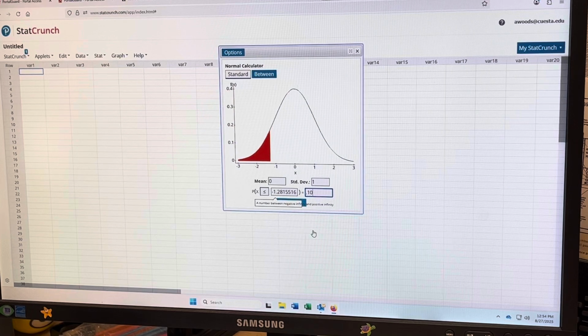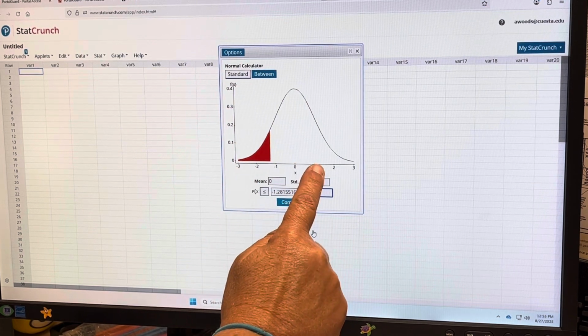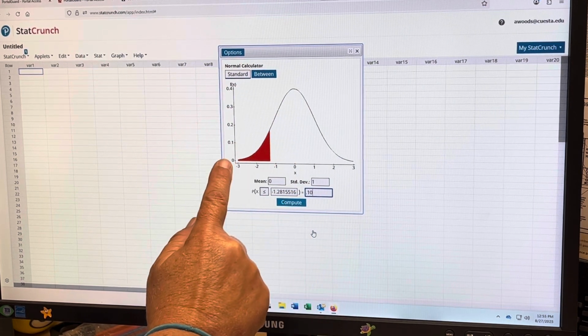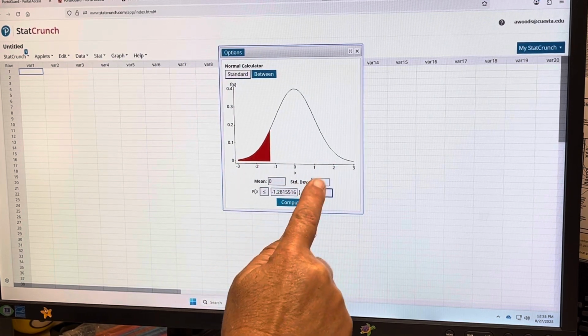Now the next one says to find z if a left tail is 75% of the graph. So a left tail being 75% of the graph means that it's going to be all the way across the middle, right? And it is still a left tail, so we still want it on less than, but we're going to go all the way across the middle.